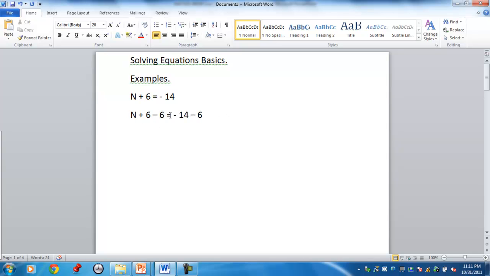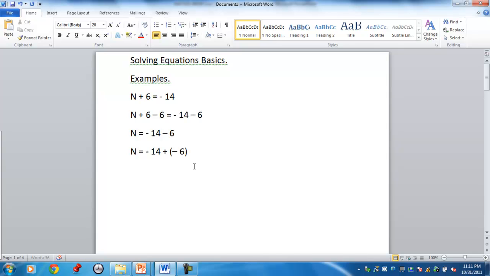Now what's going to happen on the left-hand side is that the 6's are going to cancel out, isolating n for our solution. So the 6's cancel. And then here you have negative 14 minus 6. If you're thinking of this in terms of combining the two numbers, this is the same as adding like signs, negative 14 and a negative 6.